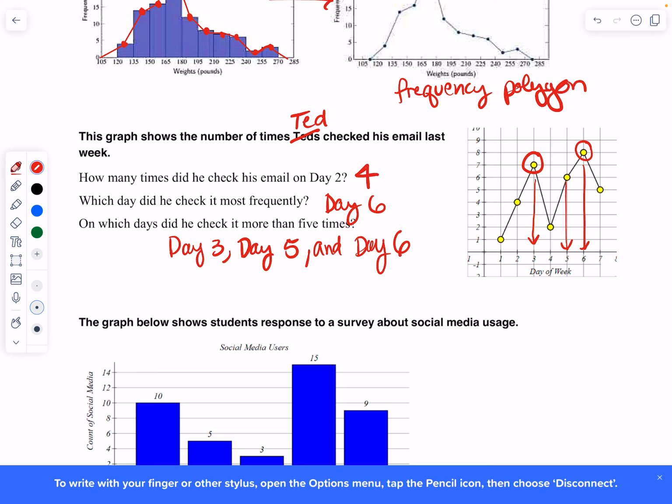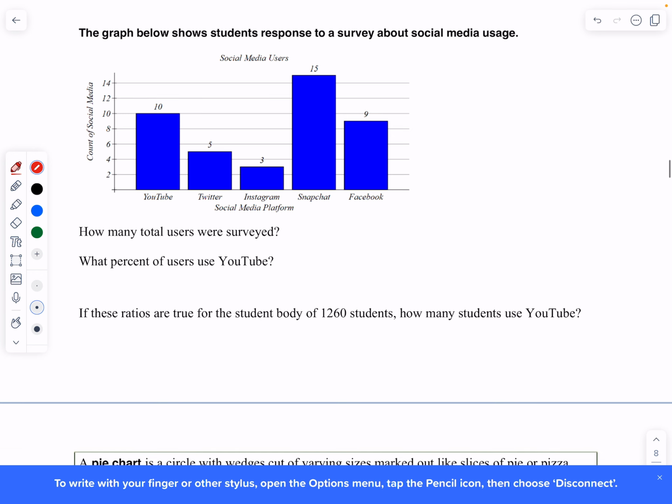Okay, so again, what I did was I put a line at 5 and then I circled the values that were above that, and that's what I'm looking for. And I did not include 5 because it didn't say 5 times or more. It said more than 5 times. Okay, so let's go ahead and move on.